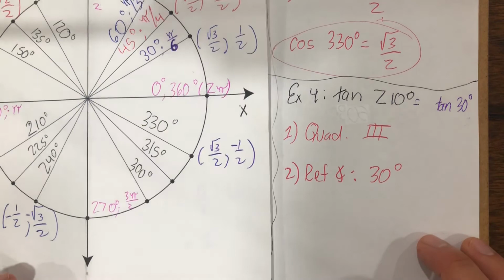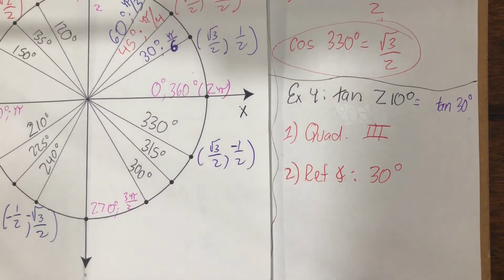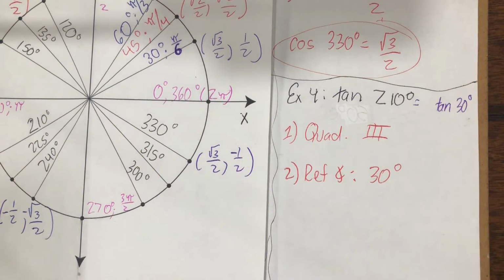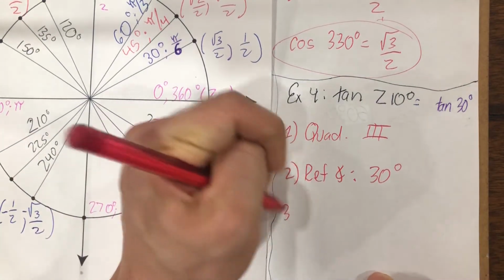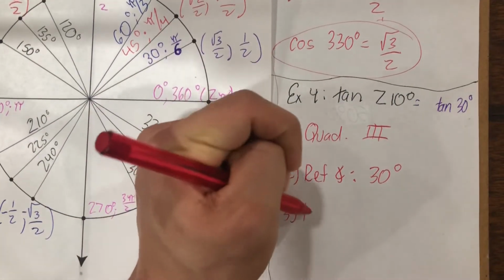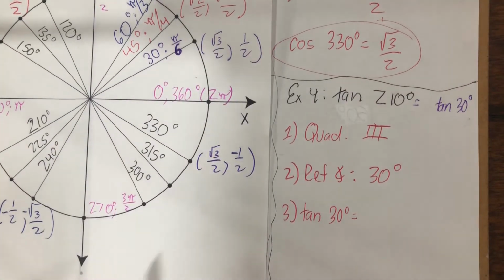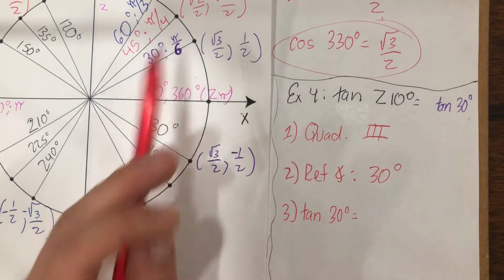All right. So for my tangent, I have tangent of 30 degrees. I'm just going to take my y coordinate and divide it by the x coordinate.